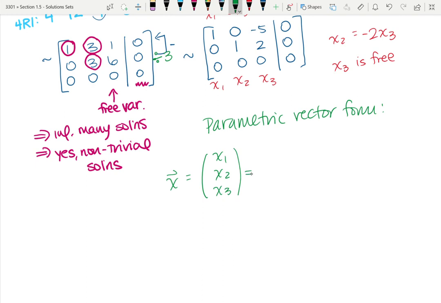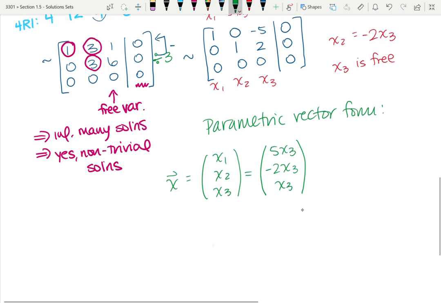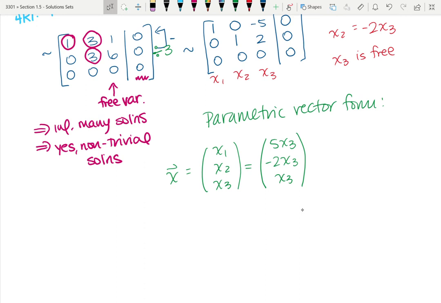I'm going to go back up here and replace my x1 with 5x3. x2 is minus 2x3, and then x3 is just itself. Now we have this single free variable.